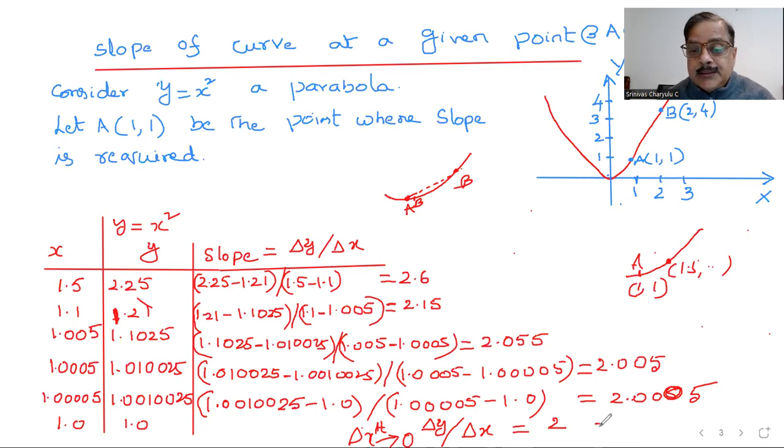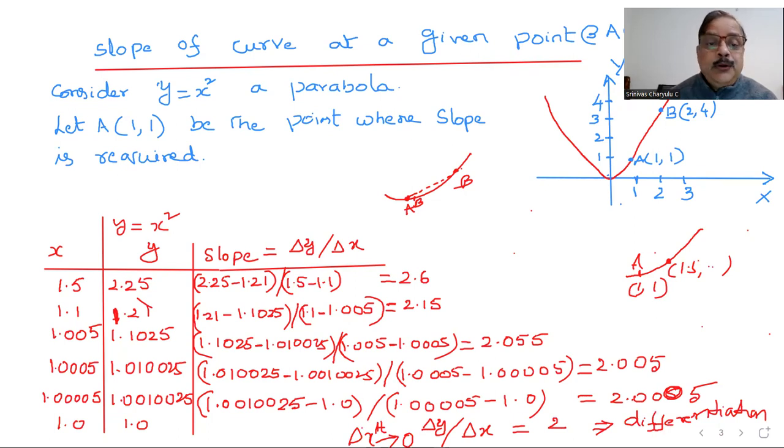This is called differentiation. What we did now is ultimately the differentiation of y is equal to x square at (1, 1), and the value has come to 2.